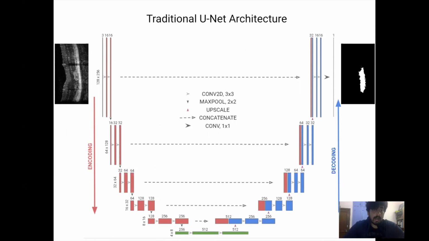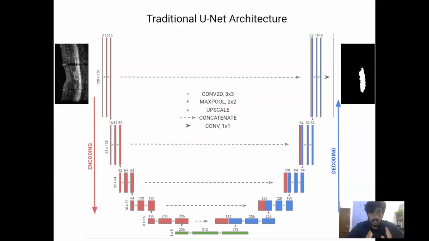So the input image is resized into a dimension of 128 cross 256 cross 3, 3 being the channels R, G, and B, red, green, and blue. And as you can see, the first half of this U-Net architecture encodes the image into a very compact and dense matrix of size 4 cross 8 cross 256, as you can see in the green layer at the bottom.